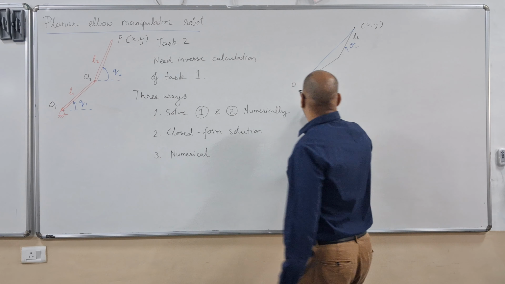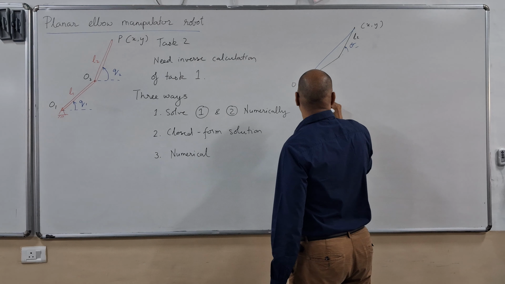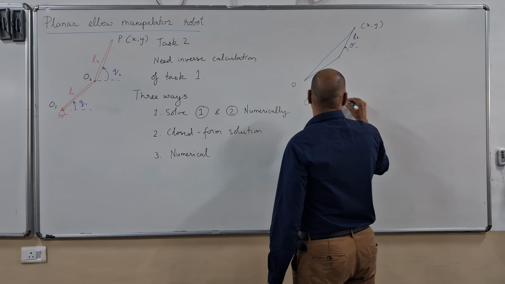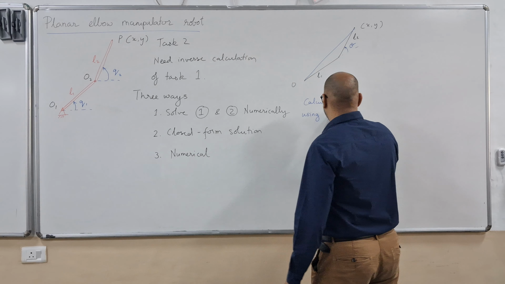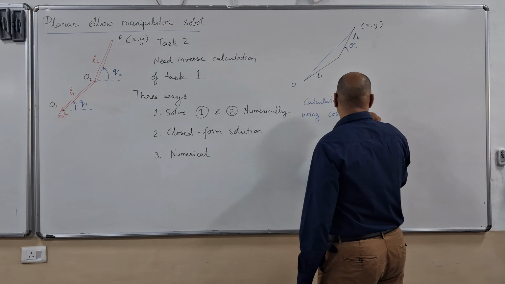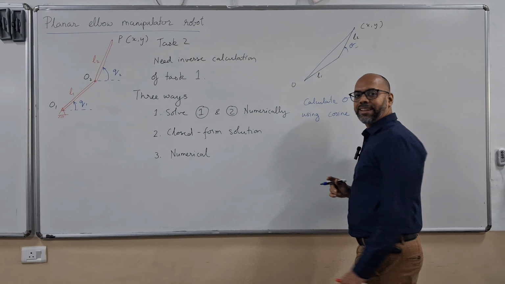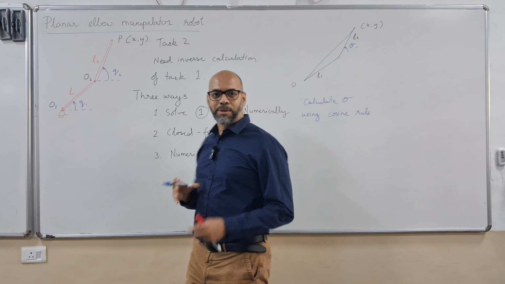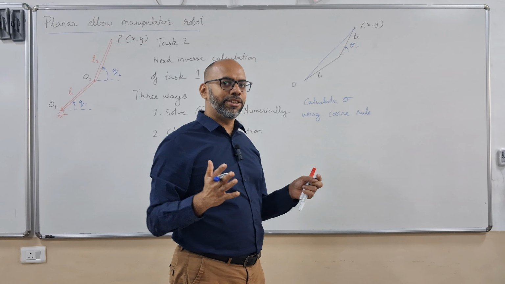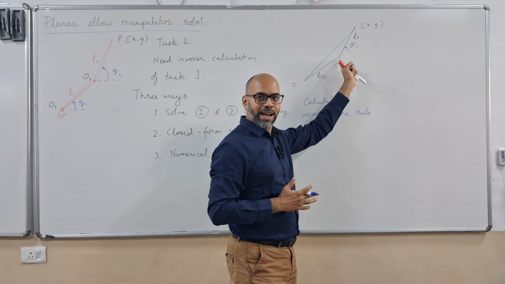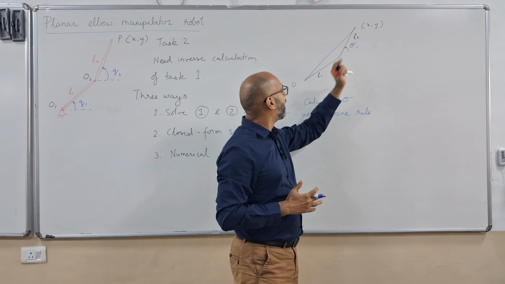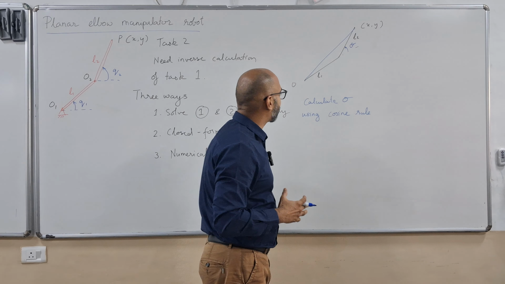Now here we can calculate theta using the cosine rule. I'm sure all of you have forgotten what the cosine rule is. It's nothing but Pythagoras theorem, applied to triangles that don't necessarily have a right angle in them. In this case, this is an obtuse angle triangle.